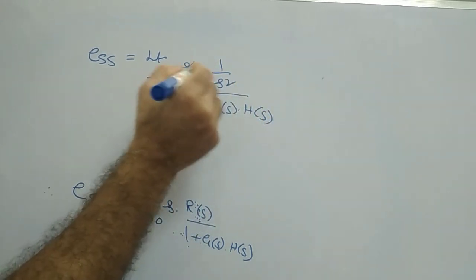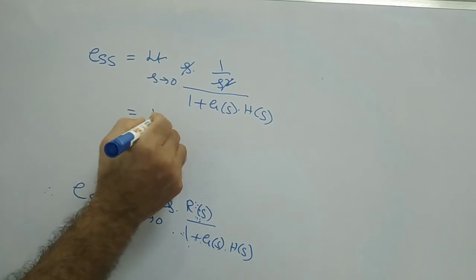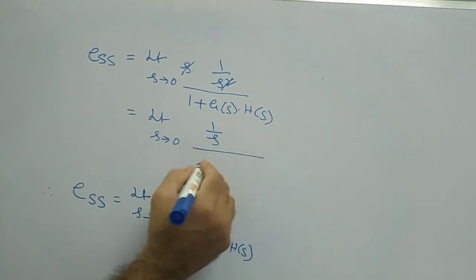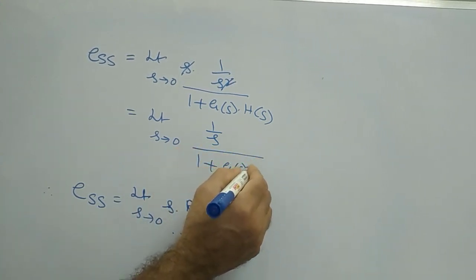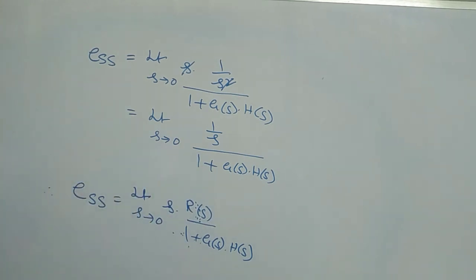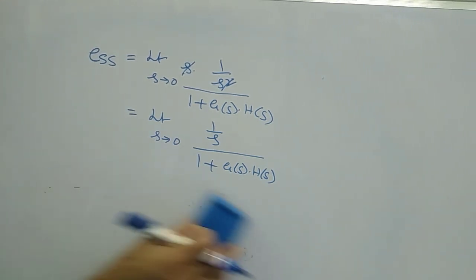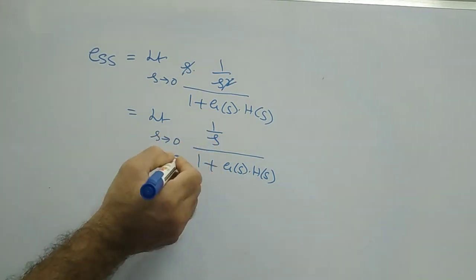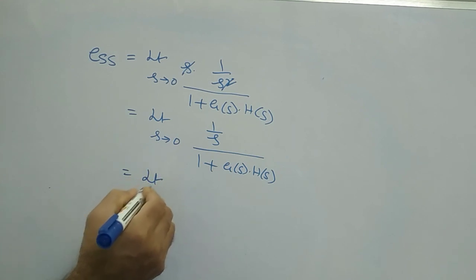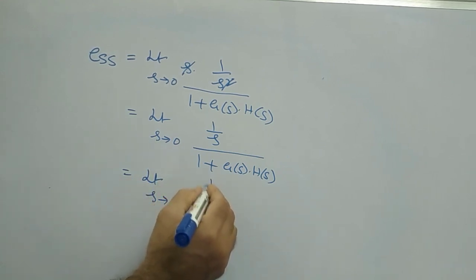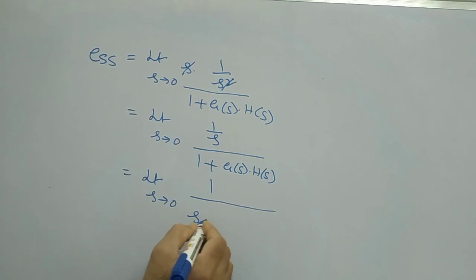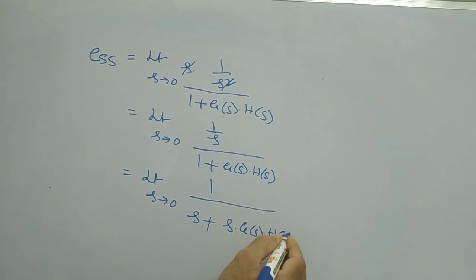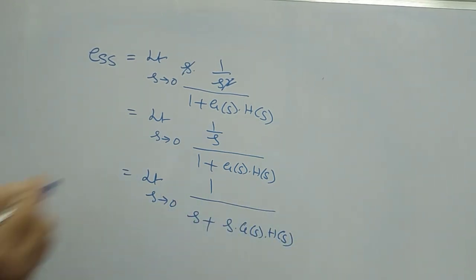So this s will be cancelled out, and it is 1 by s in general, over 1 plus G of s into H of s. You bring this s to the denominator, so the s comes here. Then limit s tends to 0 of 1 over s plus s into G of s into H of s. You can write like that also.